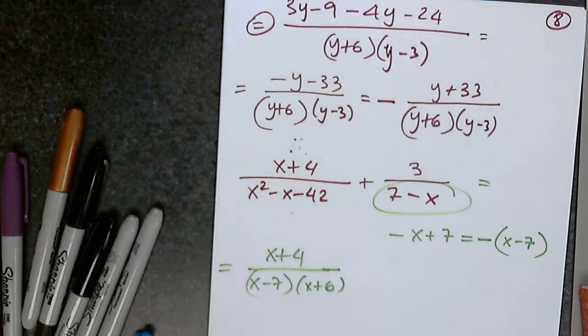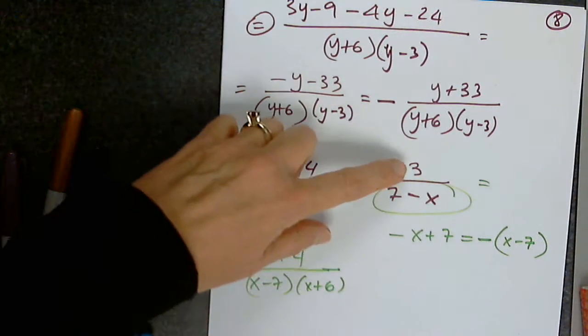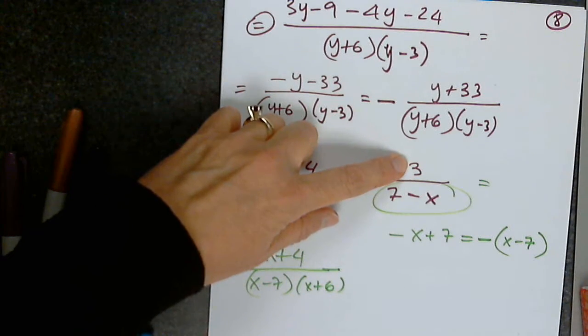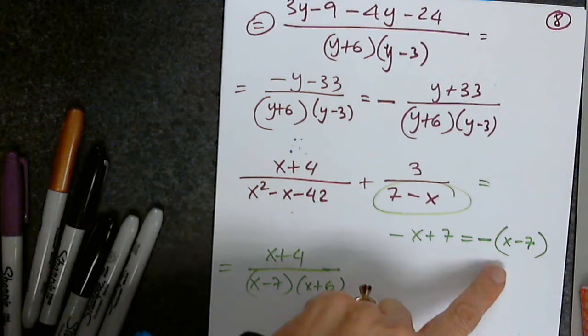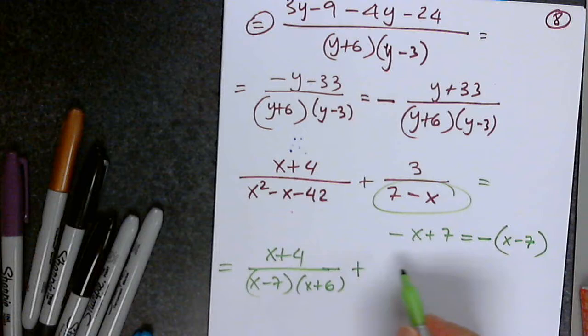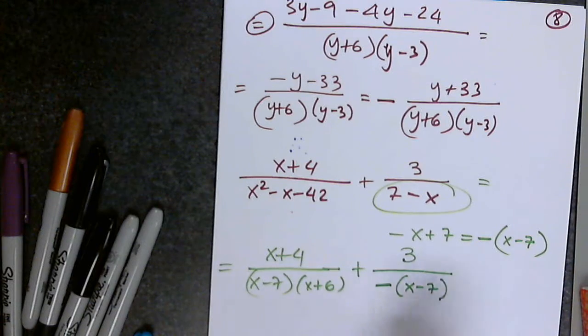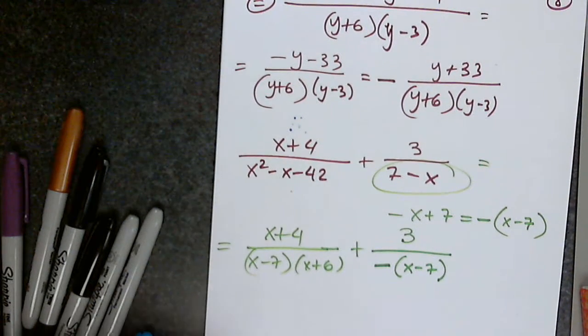Now, careful. So I have positive 3 at the top, right? And the denominator is this now, right? So I write 3 over negative x minus 7. Do we agree with this?